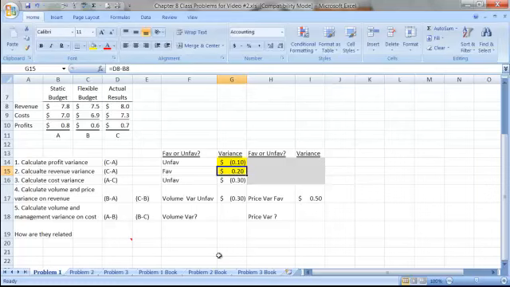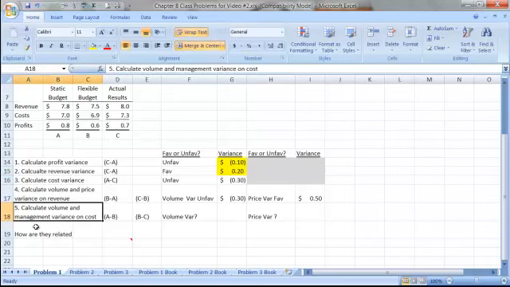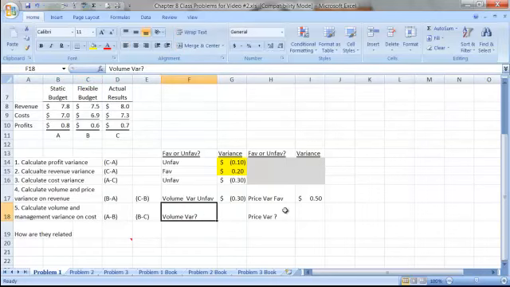Okay, next we're going to calculate our volume and management variance. Now we'll talk about what management variance is in a second, but let's just go through the formulas and calculate it. Now remember, the first thing is to determine if the variance was favorable or unfavorable. So let's look at this, and we're doing volume first. Here's our cost.